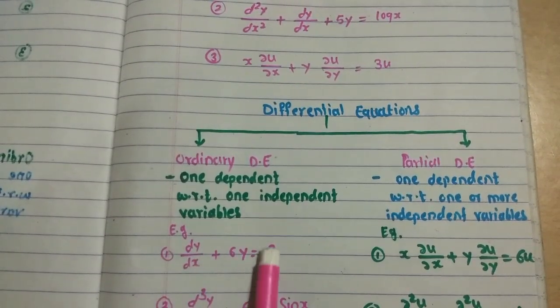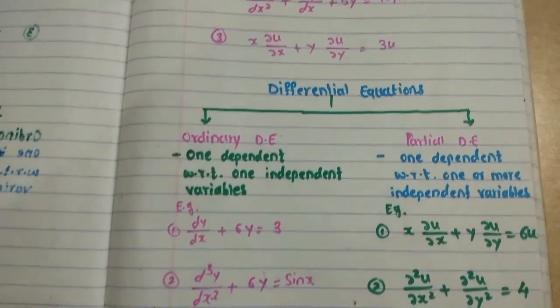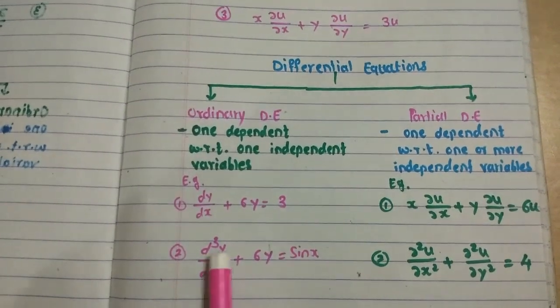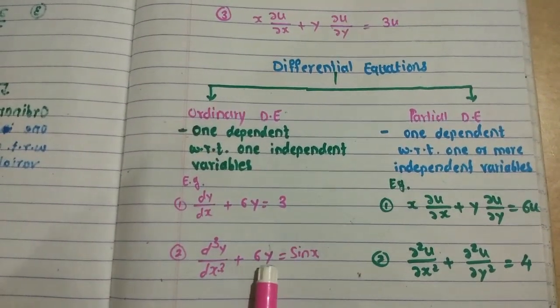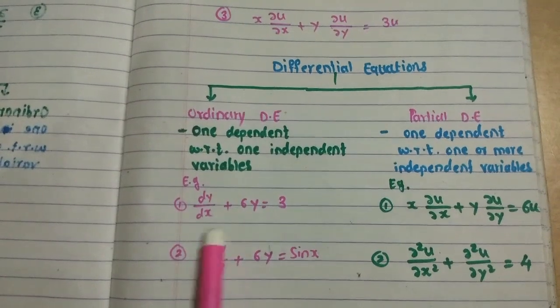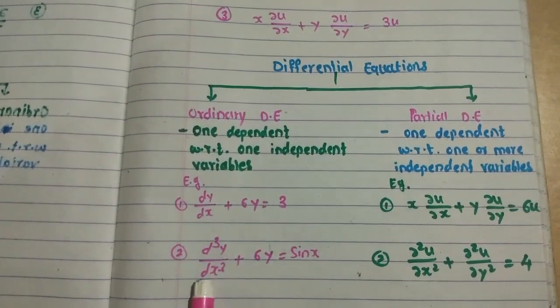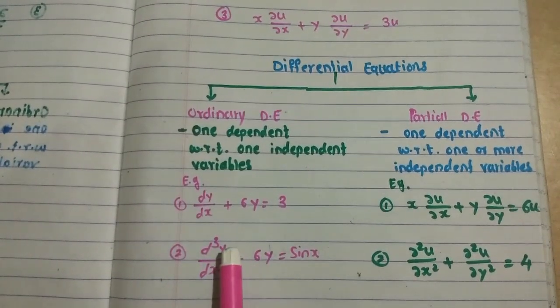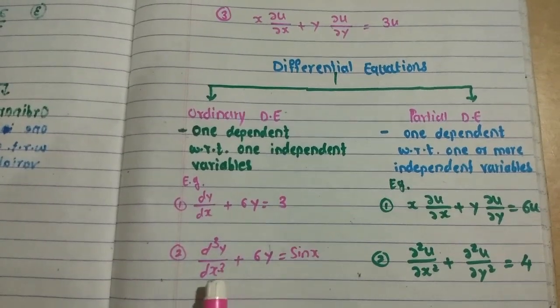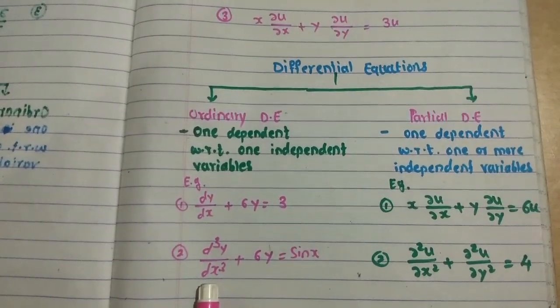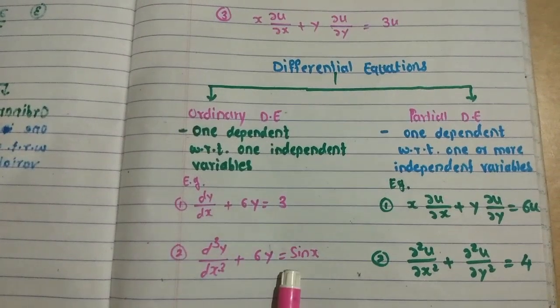So this is called an ordinary differential equation. Similarly, if we consider the second example, d cube y by dx cube plus 6y equal to sin x. Here the derivative is d cube y by dx cube. If you observe here, y depends on only one independent variable, that is x. Means this is an ordinary differential equation.